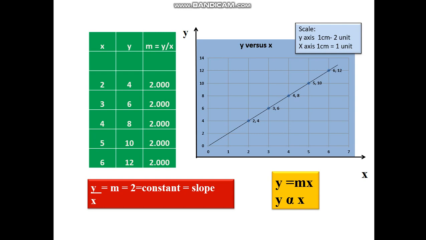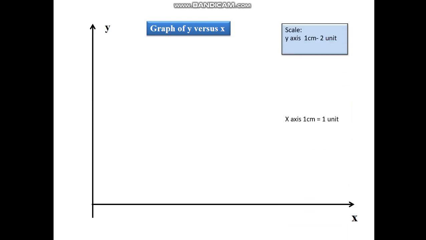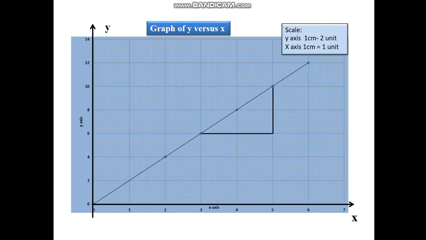Now let us see how to find m, the slope, by various methods. So let us take a graph of y versus x. This is the same example, with the scale on the y-axis 1 centimeter is 2 units, and 1 centimeter is 1 unit on the x-axis. So you get a straight line. Now let us choose any 2 points.